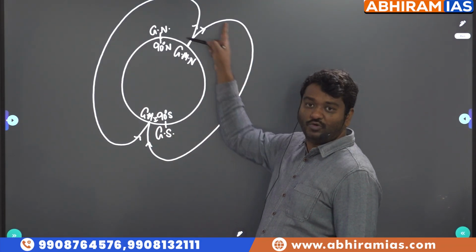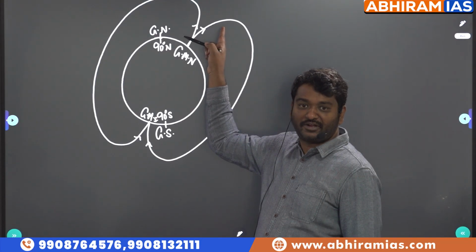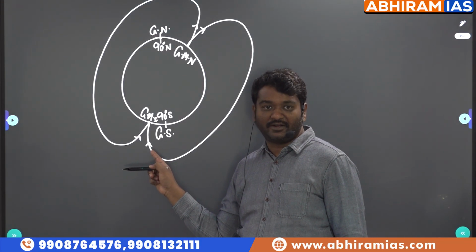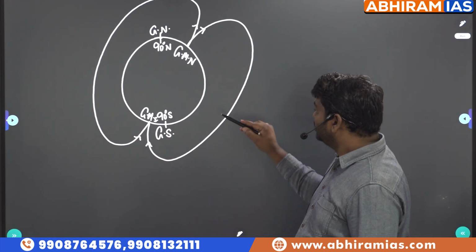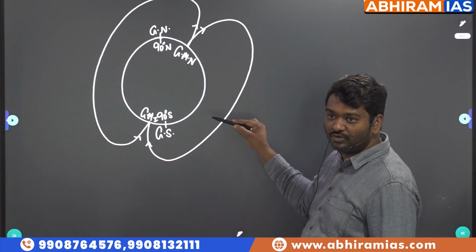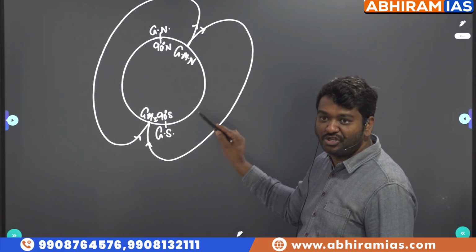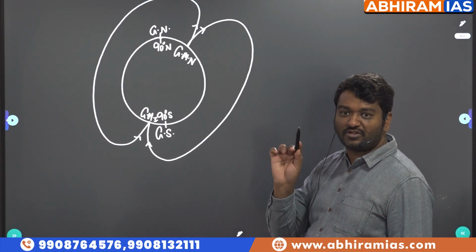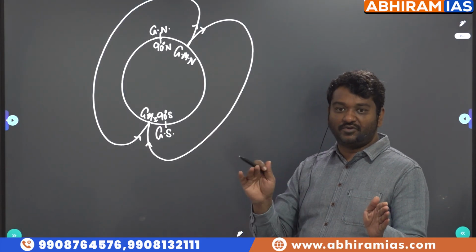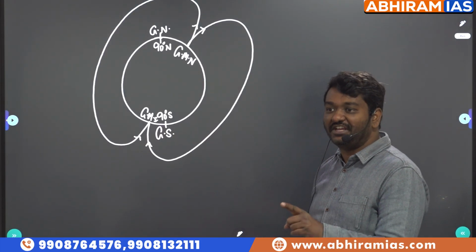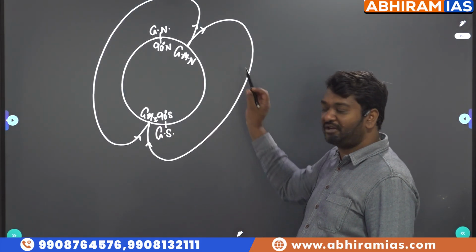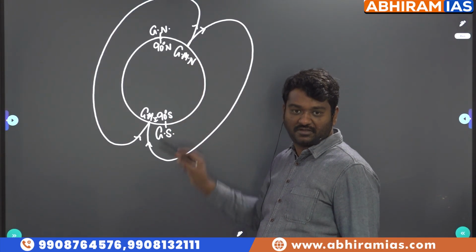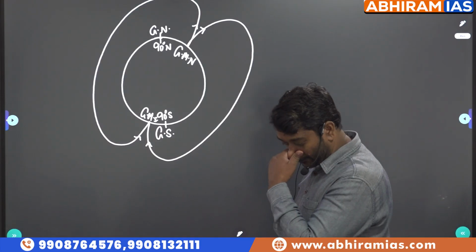Where it goes out is called geomagnetic north. Where it comes inside is called what? Geomagnetic south. Please see here, geographic north and south are different from geomagnetic north and south. Geographic north and south are fixed, latitudes are fixed. What is changing? Geomagnetic north and south is not constant. It keeps changing. These two words are important, you write.